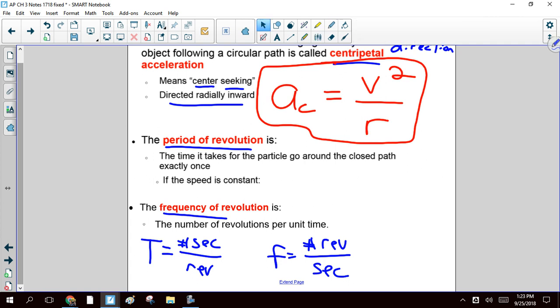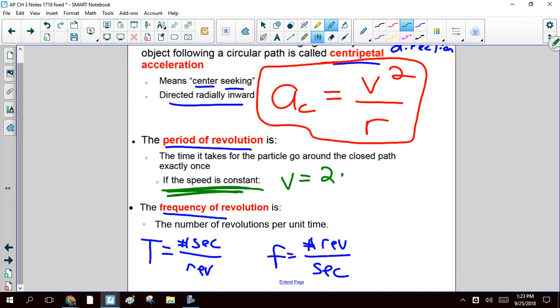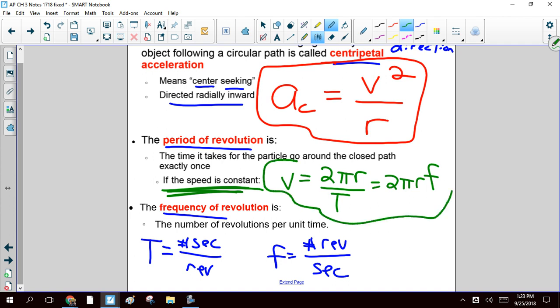As long as your speed is constant, you can calculate the magnitude of your velocity by taking the circumference of your circle, that's how far it travels per rotation, and dividing it by the time it takes, which is equivalent to multiplying the circumference of the circle by the frequency. Again, notice not vectors here. This is just to calculate the magnitude of the velocity.